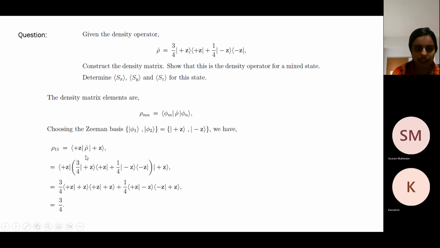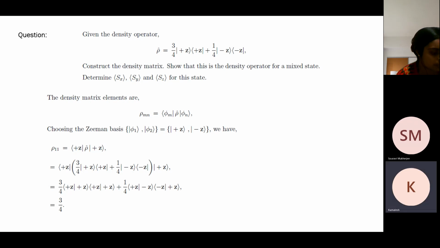So if we do that, we have to expand this, and once we expand, you would get something like this, right? Kamalesh, are you following? Should I explain, or did you follow whatever I said till now? Yes, ma'am, I follow.